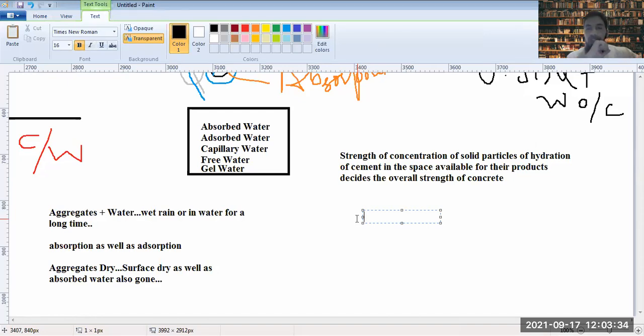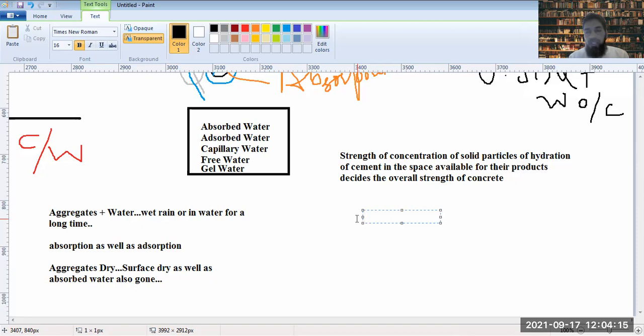But again, the amount of gel would be decided by the water content. So the water that is available for hydration, within a maximum limit. If you add more water than that, more spaces will form, because the water will remain within the spaces and will not be available for hydration. So you have to add water in an optimized content, in the right amount. If you add more, the water will make voids itself, it will take its space.